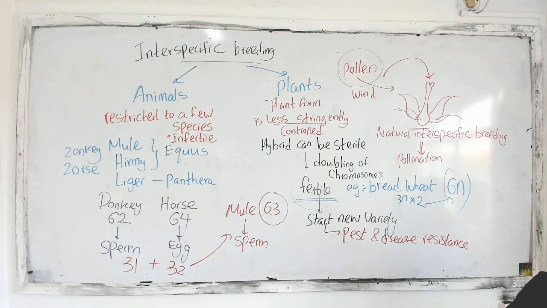Okay, write down under plant interspecific breeding: plants hybridize more frequently and successfully than animals.